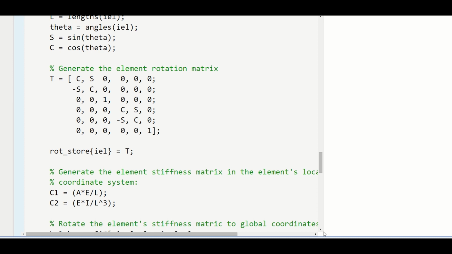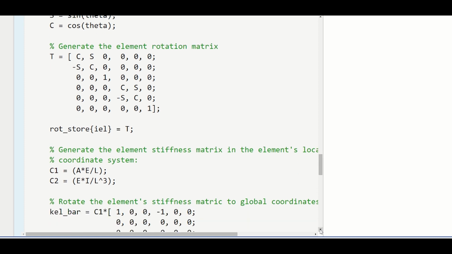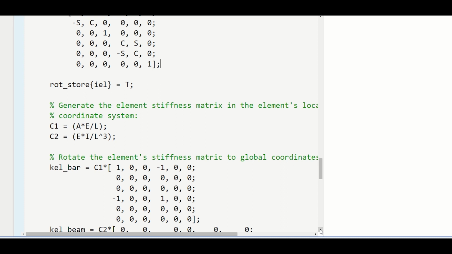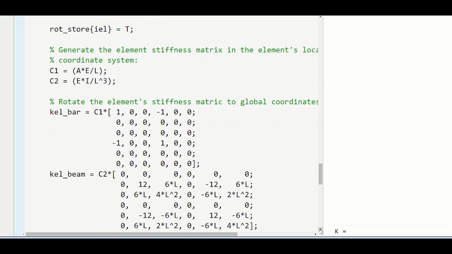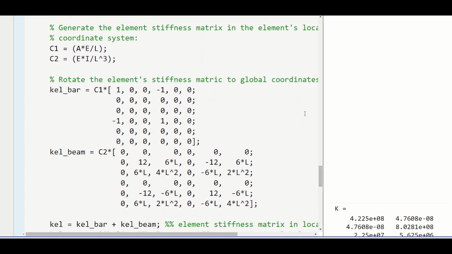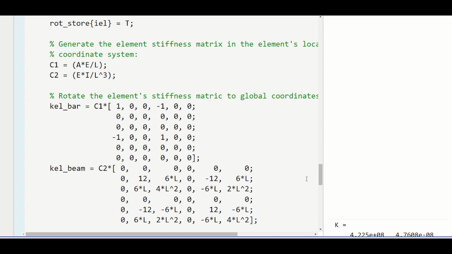And then to calculate the local stiffness matrix, you can actually put AE over L, minus AE over L, minus AE over L, AE over L, but I just took those common factors out as C1 and C2.